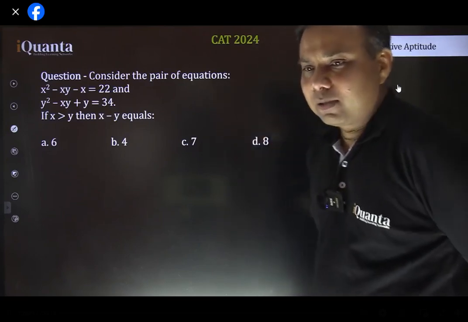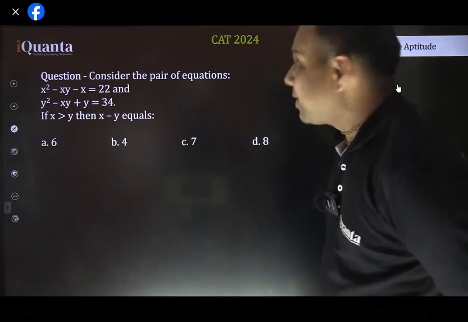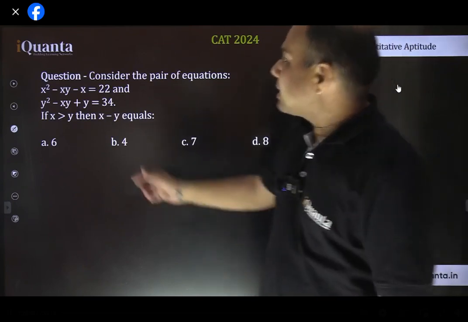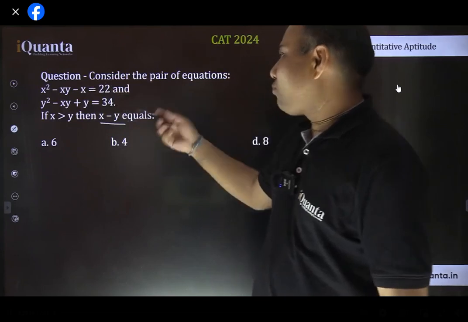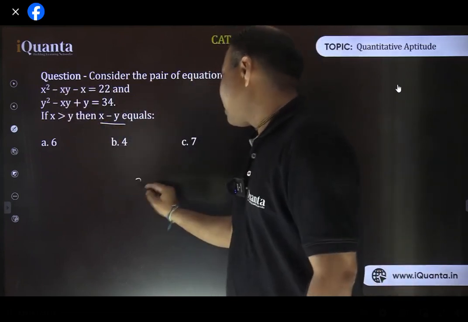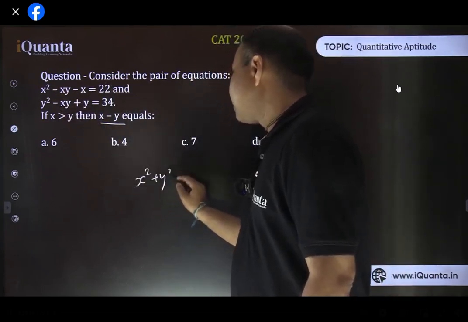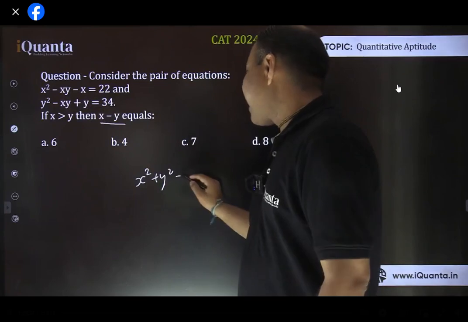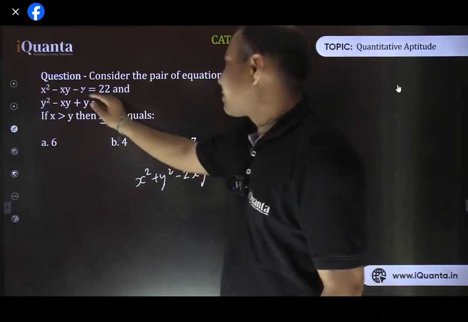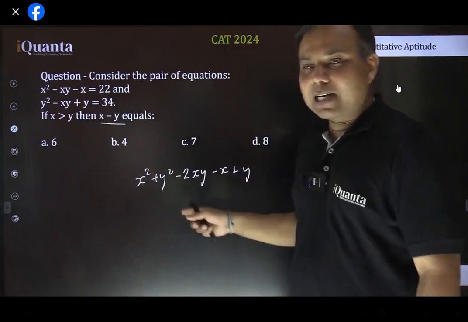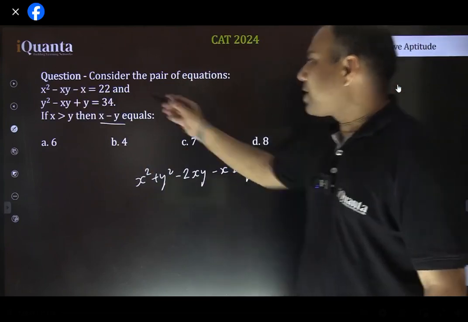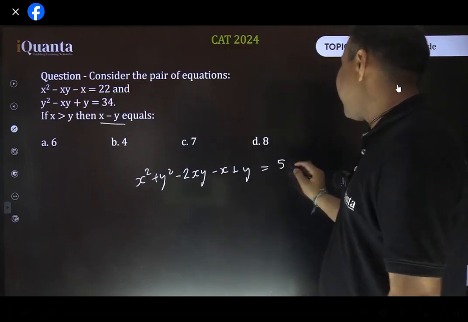So many of you are getting the right answer. That's very good. Anshita has given a nice suggestion: just add the two equations. We want to find the value of x minus y. If I just add the two equations, what is going to happen? x square plus y square minus xy minus xy, that will make it minus 2xy. Then minus x and plus y. That is going to be the left hand side. I have just added the two equations, and this is going to be equal to 22 plus 34, which is nothing but 56.